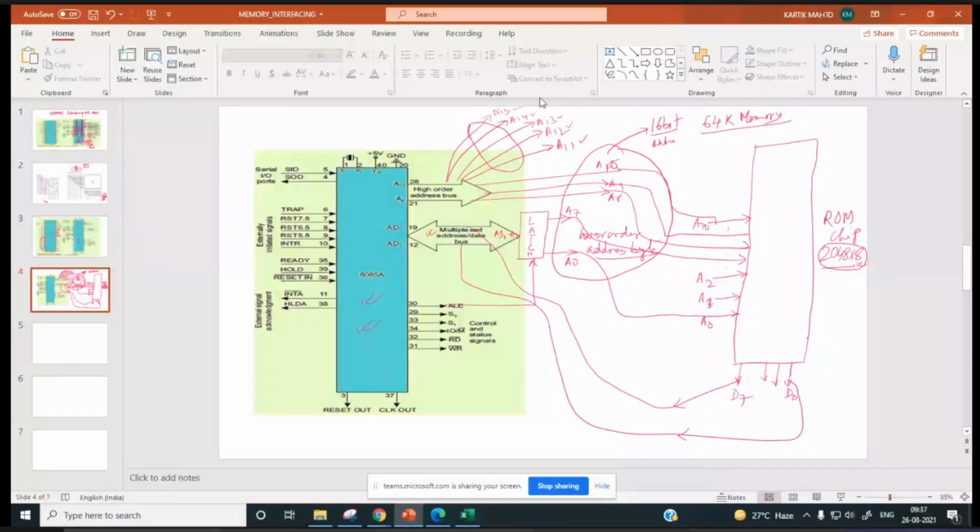If it is a 64K into 8 byte size memory, then all pins will be used for sending the address. But since it is 2048 into 8 byte size, only 11 address pins are used for sending the address of these 2048 locations, and from each location only 8-bit data is coming. So these will be connected to AD0 to AD7.